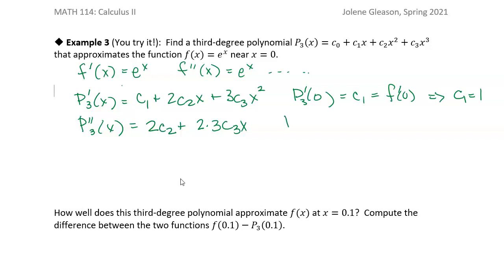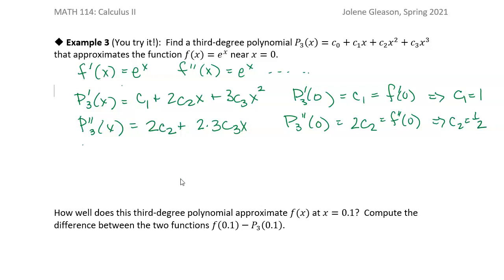So let's look at the second derivative of p3 at 0, and we just end up with 2c2, and we want that to match the second derivative of the e to the x function at 0, which is 1. So we get c2 is equal to 1/2, just like we got in the previous example.